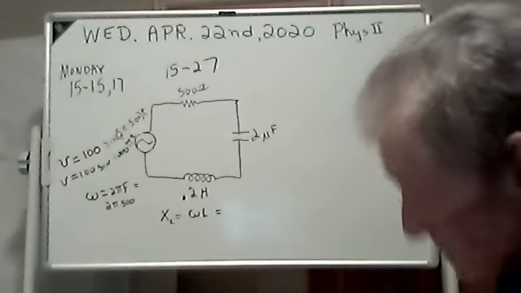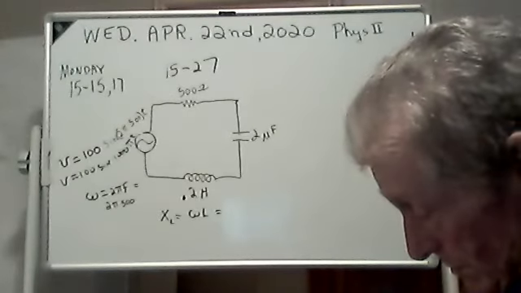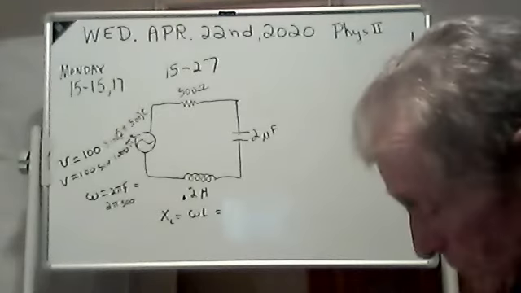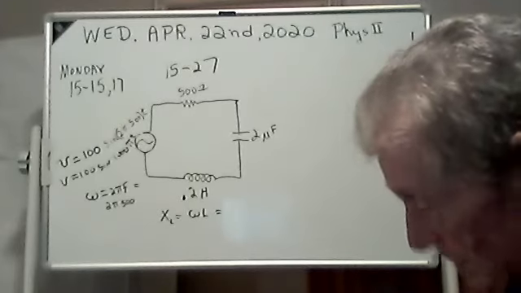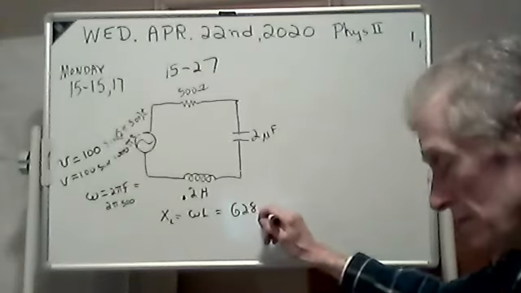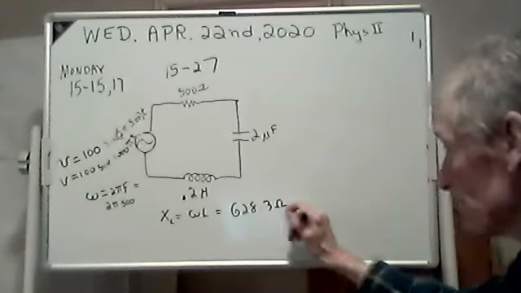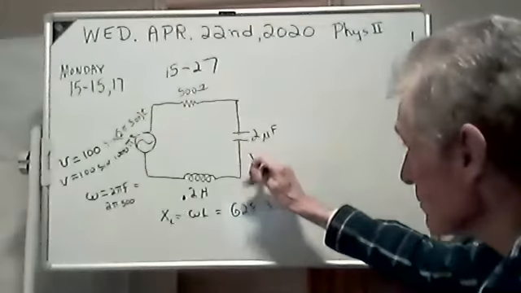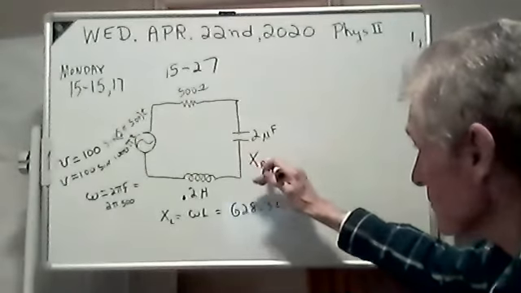Okay, 1,000 pi times 0.2. Did you get 628.3 ohms for your inductive reactance? Yes. Yay!